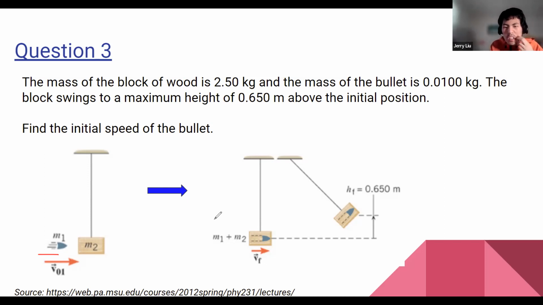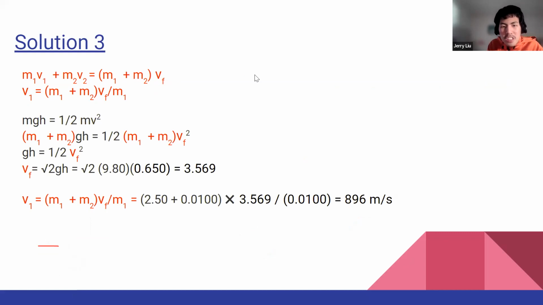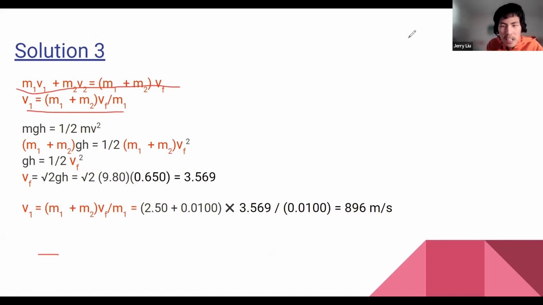So, why won't this click? You would still use the fact that momentum is conserved. So you start with m1 v1 plus m2 v2 equals m1 plus m2 times vf.